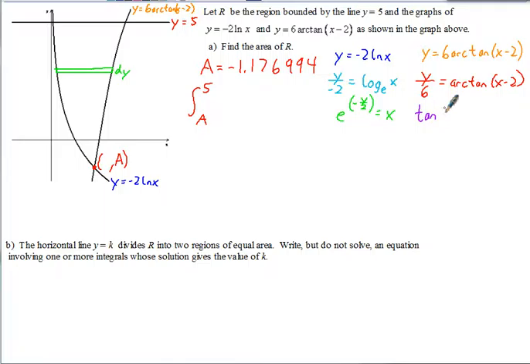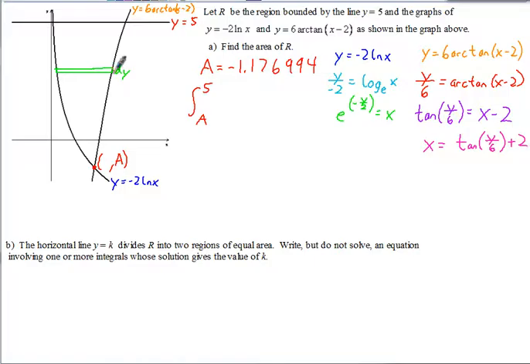So that'd be the tangent of y over 6. The reason why you do that is because the tangent and arctangent are inverse functions, so they cancel each other out. So when you take the tangent of arctangent, you're just left with what's inside it, x minus 2. And then you just add the 2 over, so you get x equals tangent y over 6 plus 2.